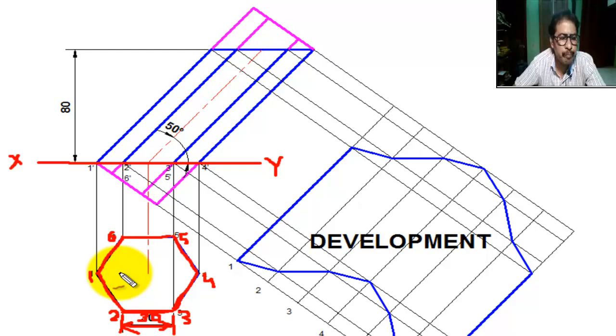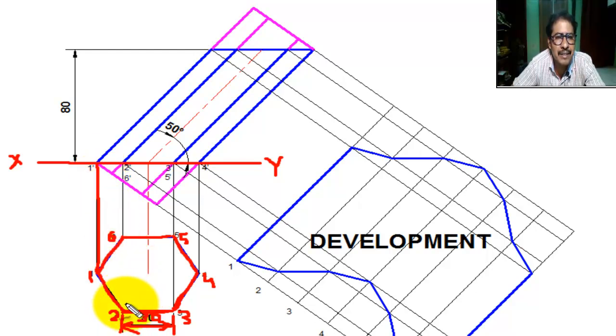Now, from corners 1, 2, 3, 4, 5, 6 we draw the projection lines. From 1 we draw a vertical projection line up to the XY line.